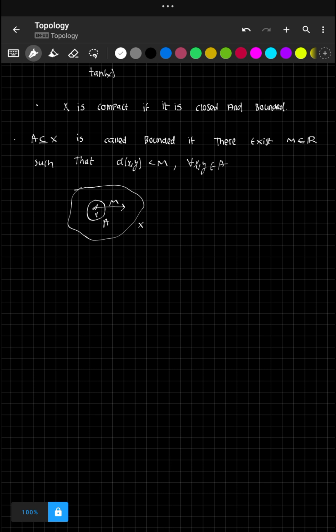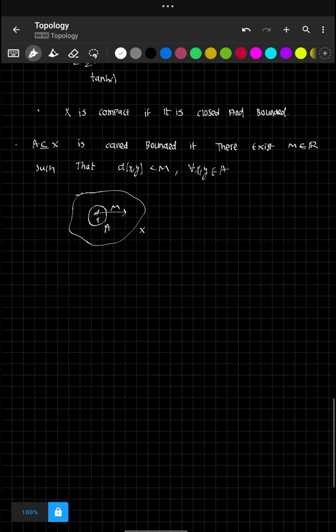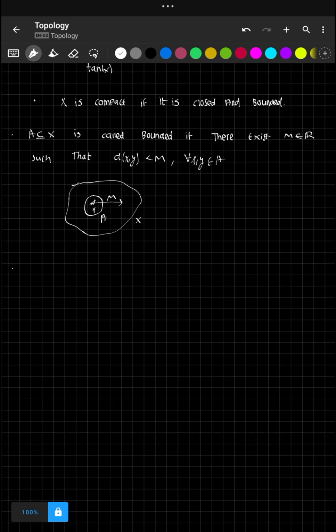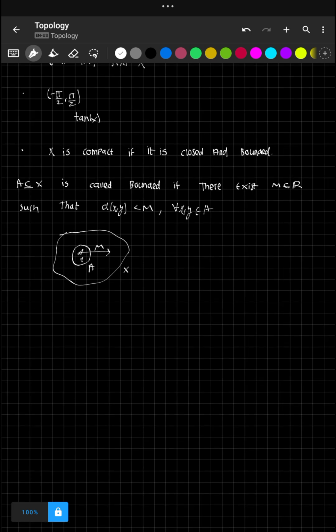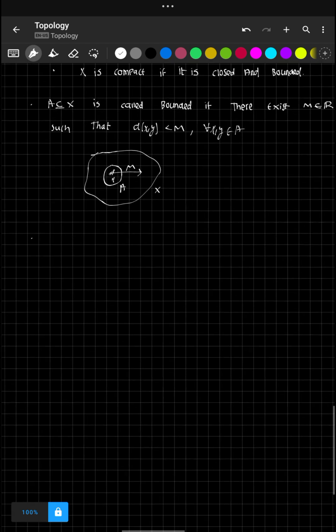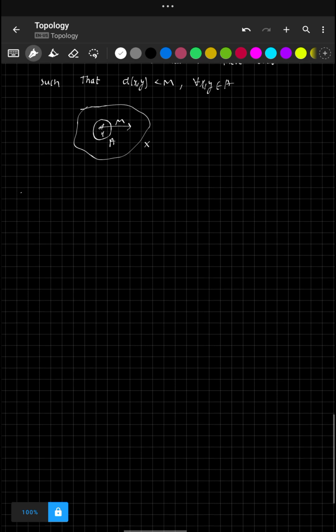But even that is not sufficient for compactness in general. In Rn the theorem is that X is compact if it is closed and bounded. I think that should be motivating enough, but the thing that is not trivial is the way we will define compactness now.